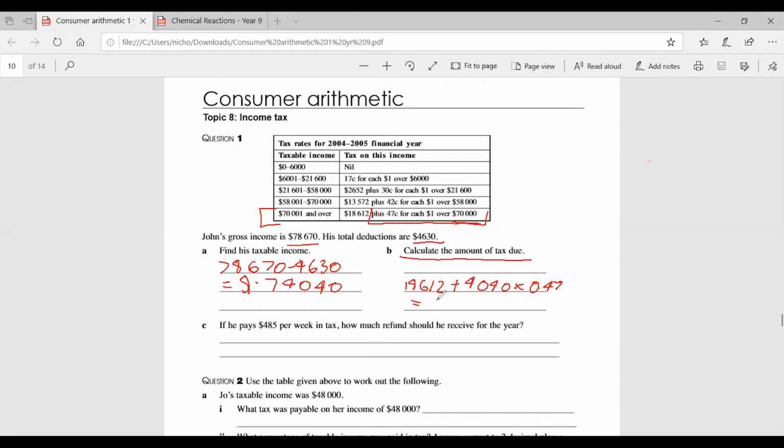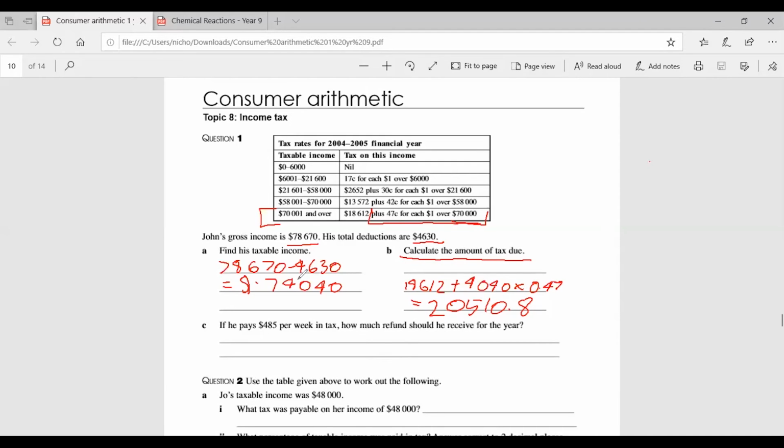So from here, let's find what that equals. 4,040 times 0.47 gives $20,510.80.